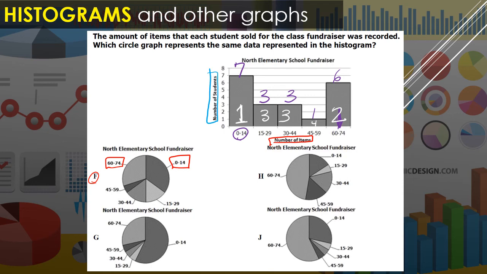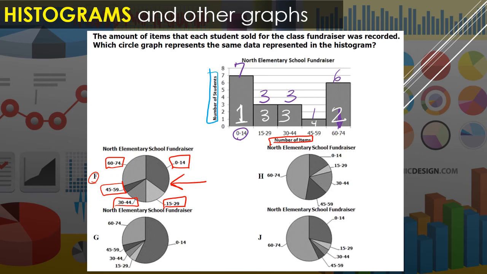And then we have a tie for third, 15 to 29. These two, 15 to 29 and 30 through 44, are both exactly the same, and the smallest piece is 45 through 59. So we know that letter F is the circle graph, but let's take a look at the other ones to figure out what's going on with these.